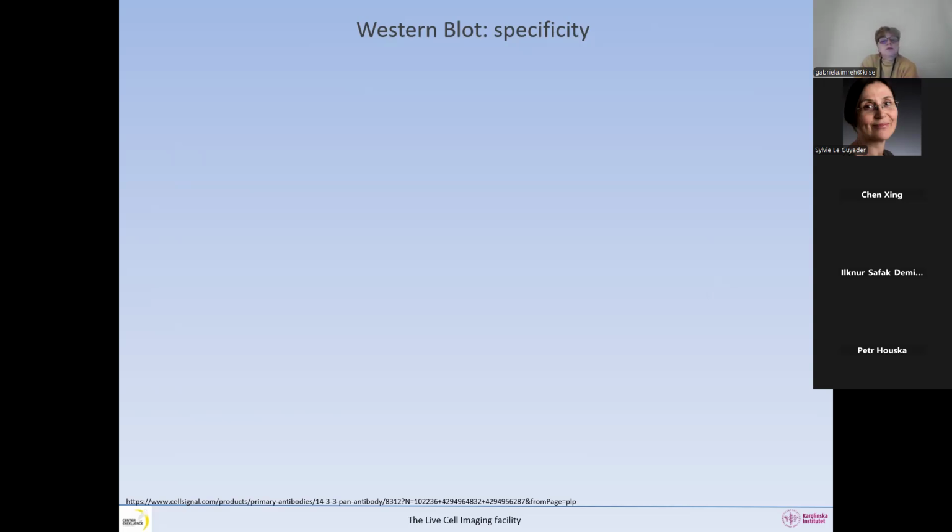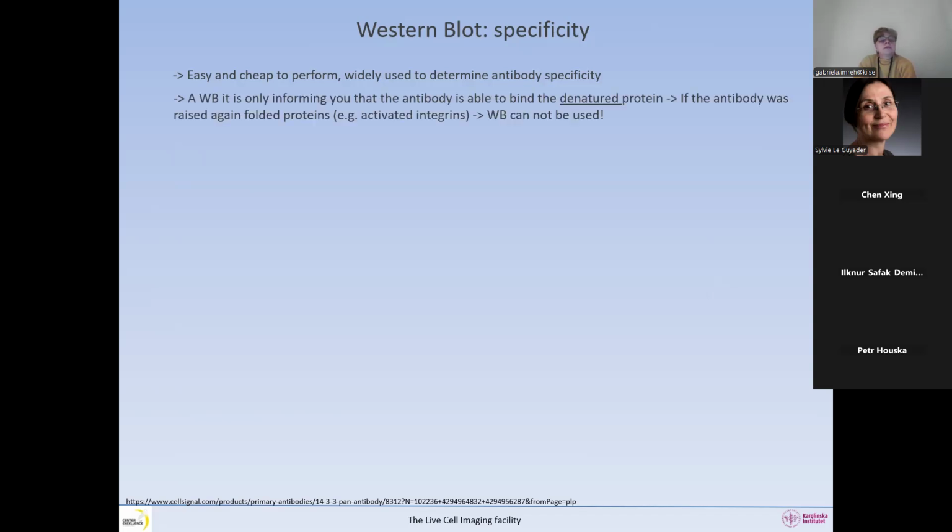Western blot is highly used to show specificity because it's easy and cheap to perform. But you have to keep in mind that a Western blot will only inform you that the antibody is able to bind to the denatured protein.